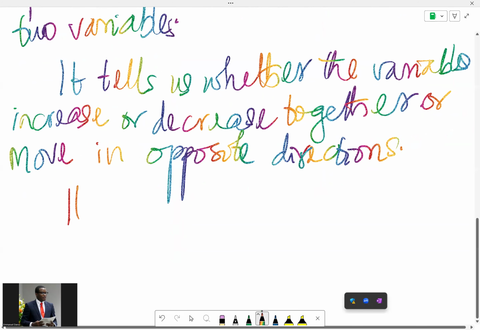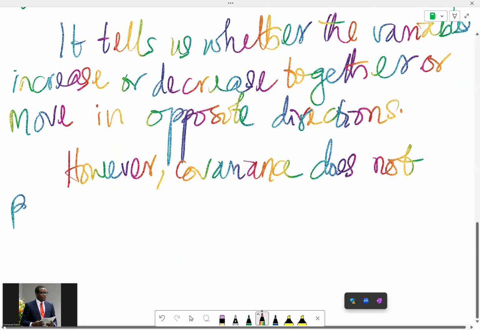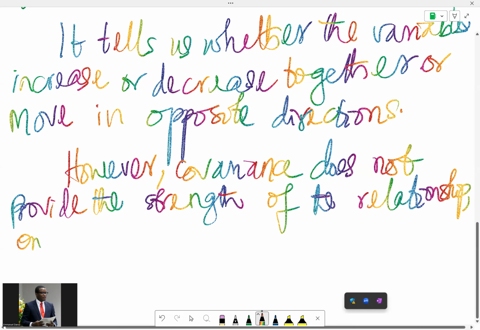However, covariance does not provide the strength of the relationship, only the direction.